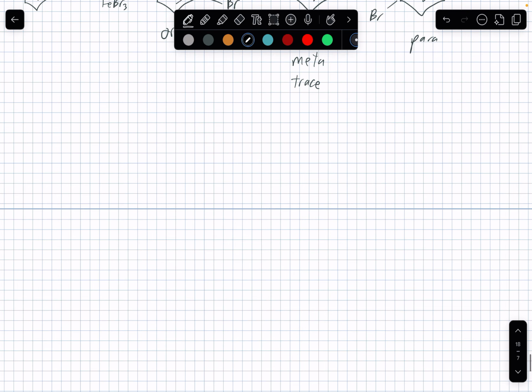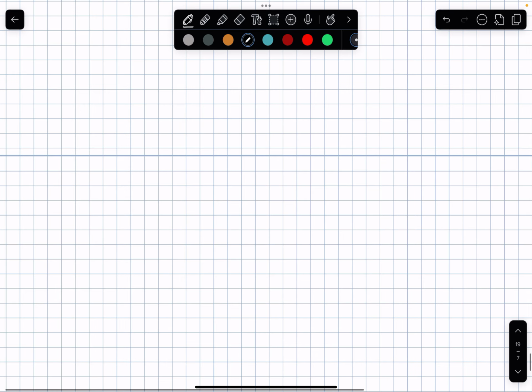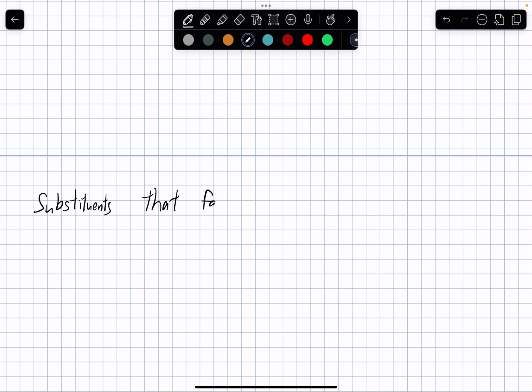Okay, some important things to note. Substituents that favor ortho para substitution are the following.